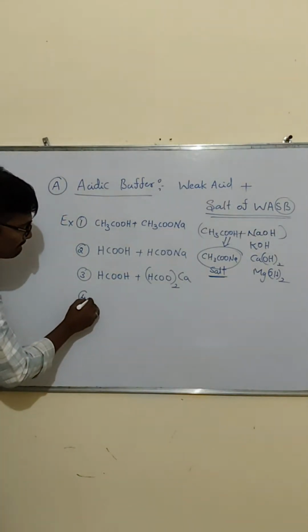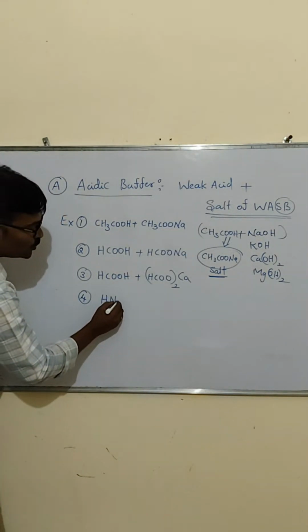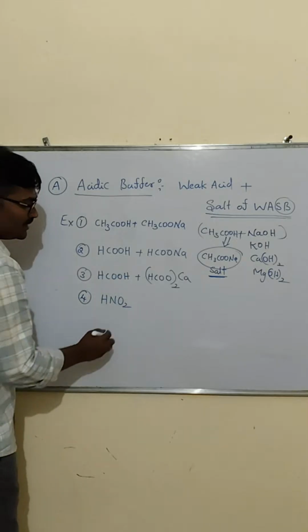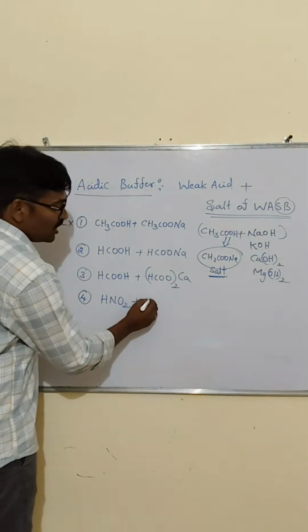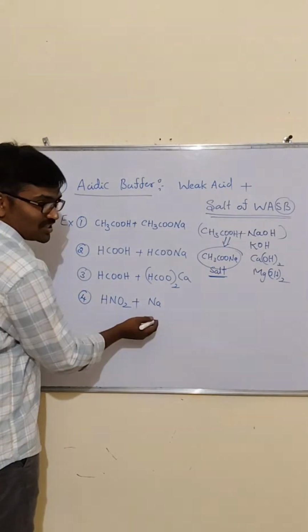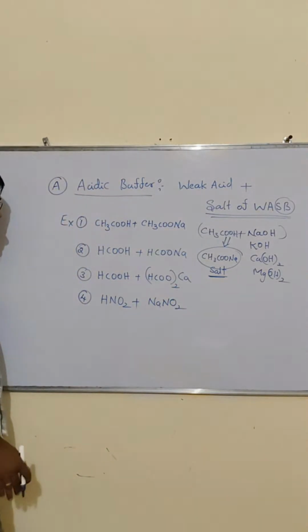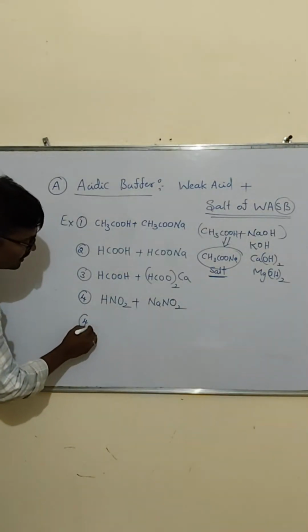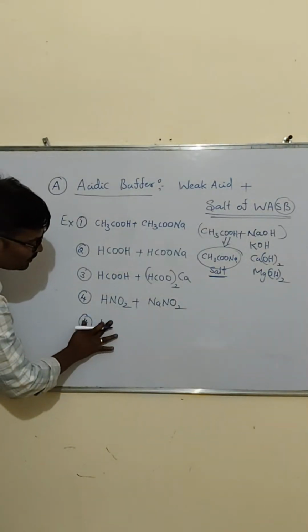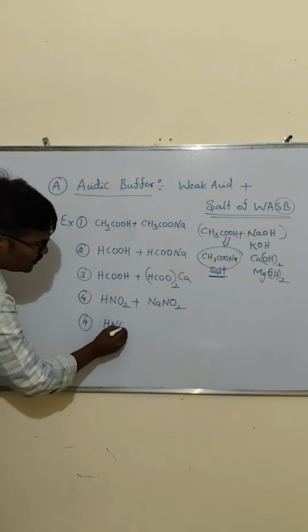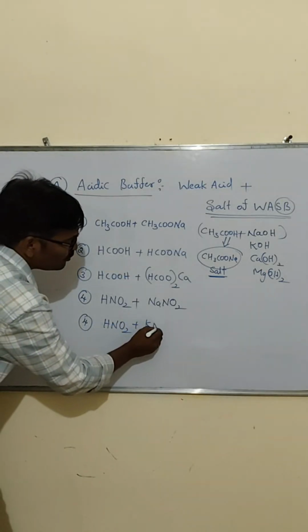Then HNO2, the weak acid, plus the salt of strong base NaNO2. Then HNO2, also a weak acid, plus KNO2.